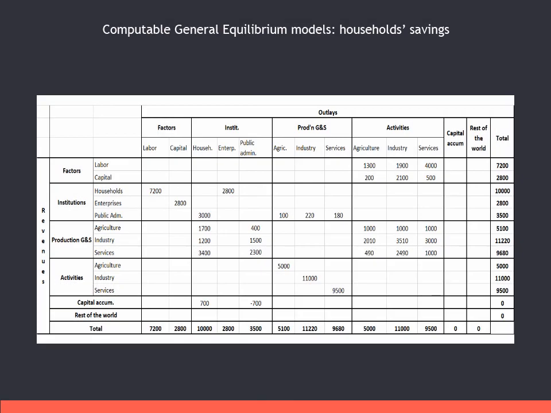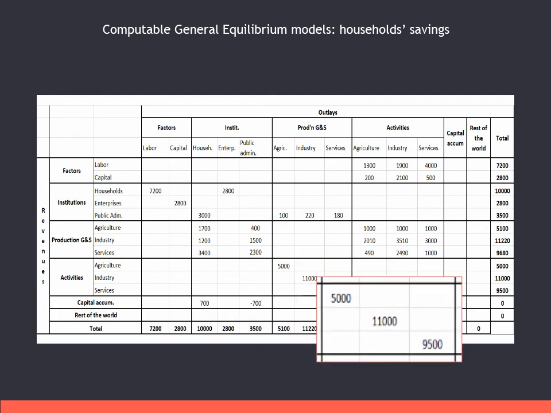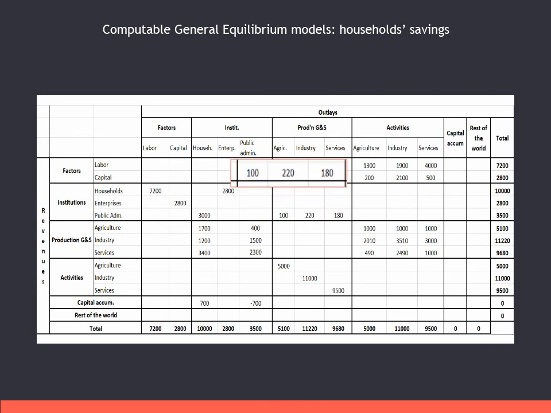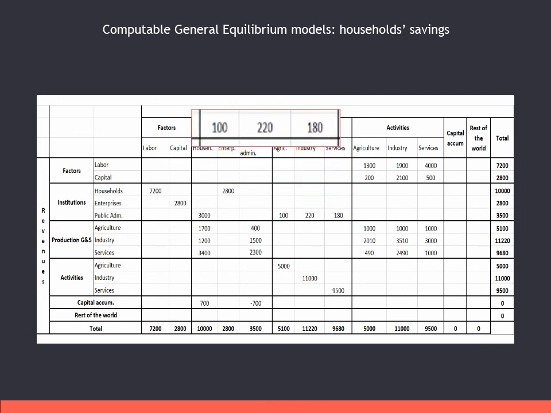So here is the new social accounting matrix related to this new computable general equilibrium model with household savings. Let me focus on the modifications as compared to the previous social accounting matrix. You've got production in agriculture, industry and services. You've got indirect taxation in agriculture, industry and services.